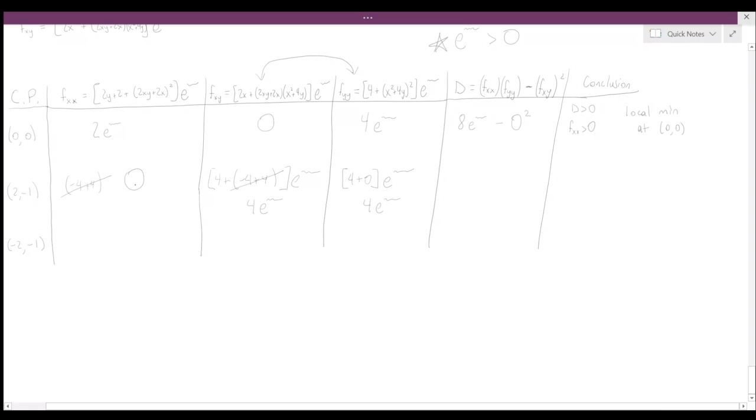When we do fxx times fyy, that's going to be 0 because fxx was 0. And then fxy was over here. So it's going to be minus 4 e to some power. Okay, so this part is positive. So the minus makes it negative. So if d is less than 0, then that means that we have a saddle point, okay?